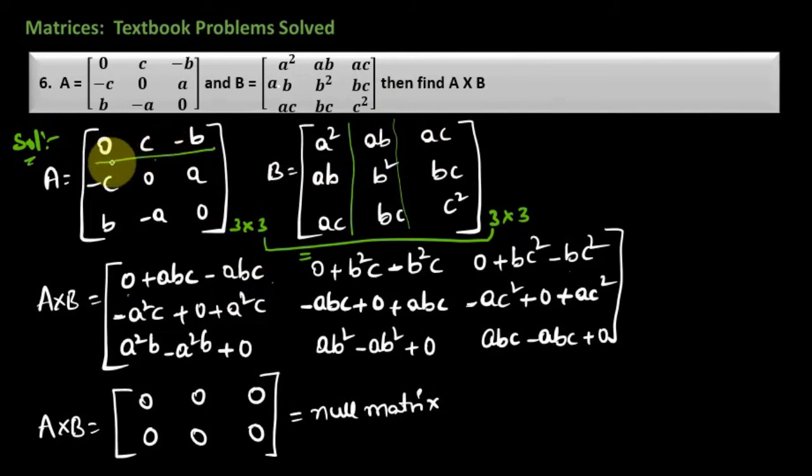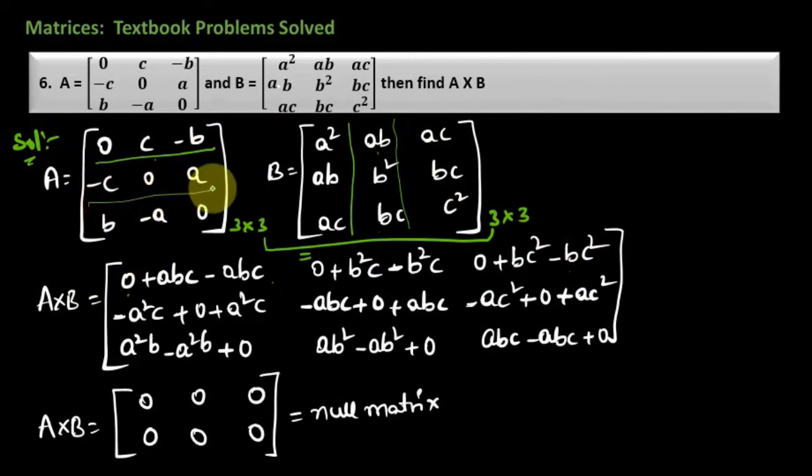So 0 into AB is 0 itself, C into B square is plus B square C, minus B into BC is minus B square C. Similarly with the third column, 0 into AC is 0 itself, C into BC is BC square, and minus B into C square is minus B square.